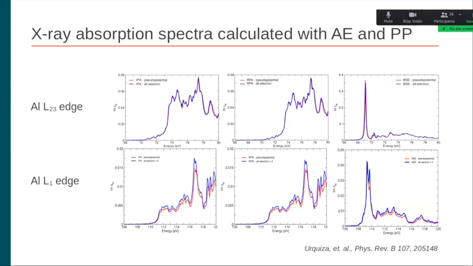The most similar spectra are found for the L2-3 edge in the three cases: independent particle, RPA, and Bethe-Salpeter. In the case of the L1 edge, we have small differences, especially in the absorption intensity, because, as I mentioned at the beginning, when we do all-electron calculations, we just perform an excitation from one of the atoms.